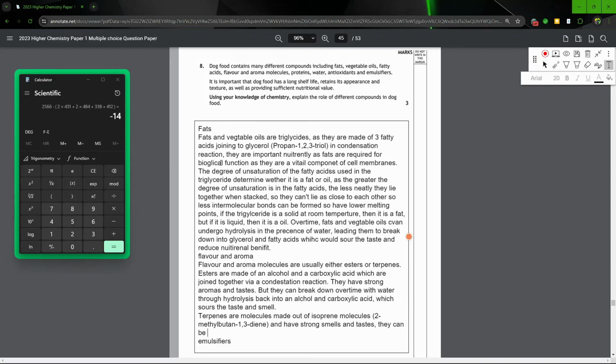They can be oxidized into terpenoids, which change the taste and smell. So dog food is best kept in an airtight container.